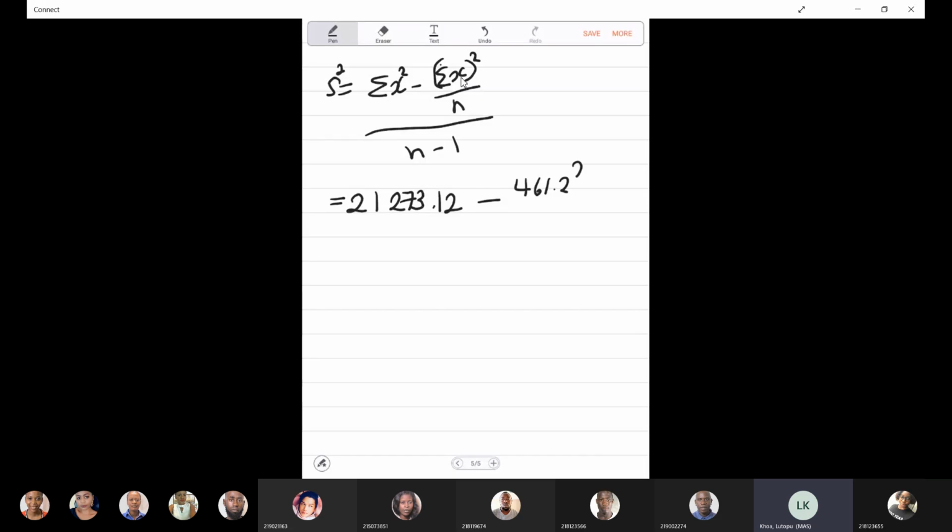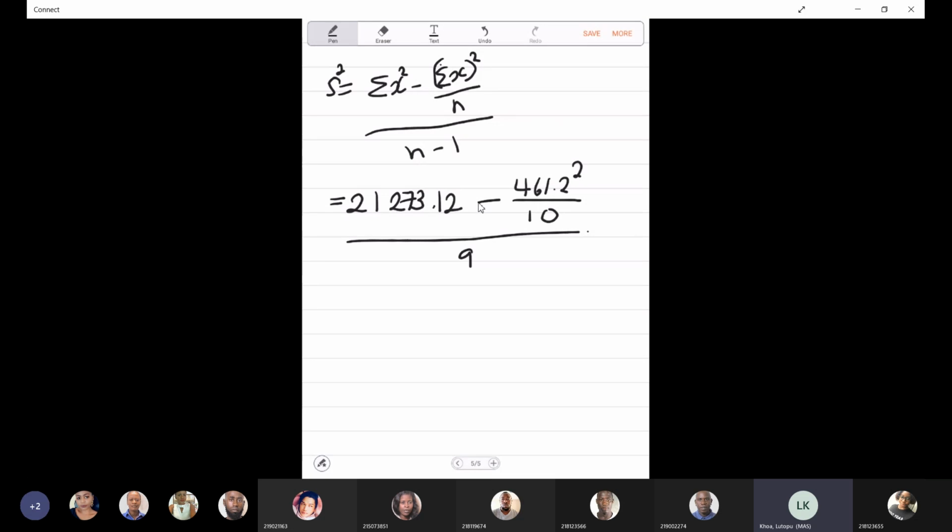461.2, which I will have to square, and then this you divide by 10, and then finally divide by 10 minus 1, which is equal to 9. Okay, so this is all the entries squared. This is the sum of all the entries that I will need to square and divide by 10 because there are 10 entries. And then this is 10 minus 1.